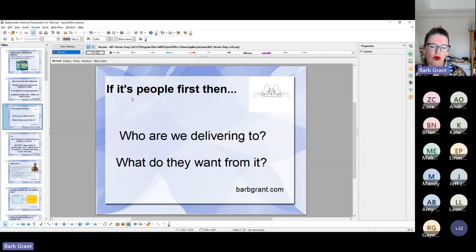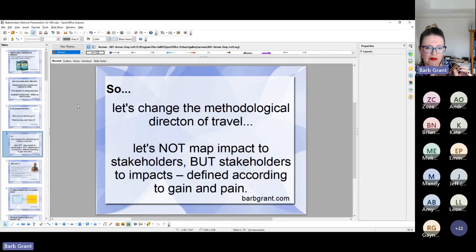All of this that I'm presenting to you rolls from this fundamental premise. If it's all about people, then we have to understand really fully, in a very nuanced way, who we are delivering to and what they want from what we're delivering to them. I did a little model in my book, and as I looked at it, I realized there was quite a lot more to unpack around that.